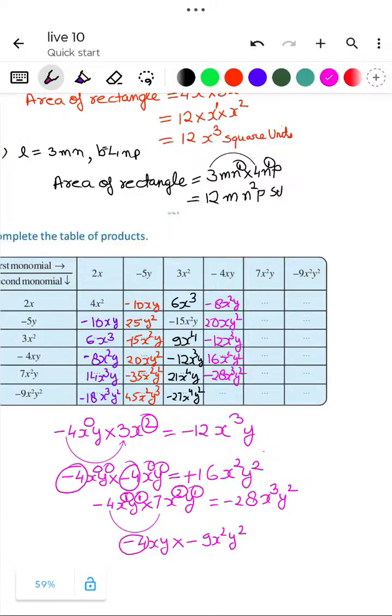So negative 4 into negative 9 will be positive 36. x to the power 1 plus 2 is x cube. y to the power 1 plus 2 is y cube. So this is 36x cube y cube.